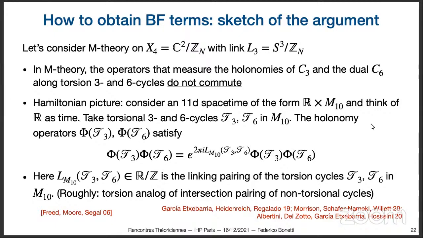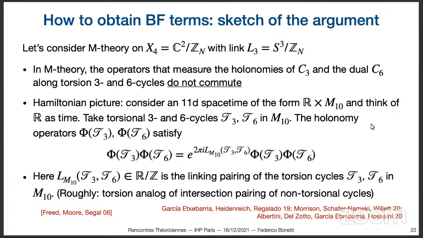Namely, it stems from the observation that in general, if we take M theory and consider the holonomies of the 3-form and the 6-form as quantum operators, those actually don't commute, but rather they satisfy a commutation relation, as shown there. If you exchange them, you pick up a phase, and that phase is given by a linking pairing.